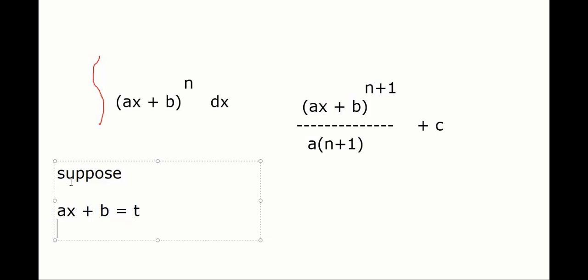Then if you differentiate, what do you get? If you differentiate both sides, what will you get? Tell me guys, when you differentiate ax plus b equal to t, what are you going to get on both sides?